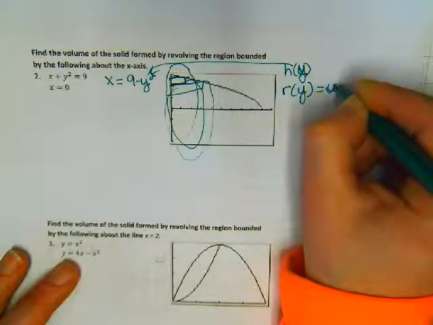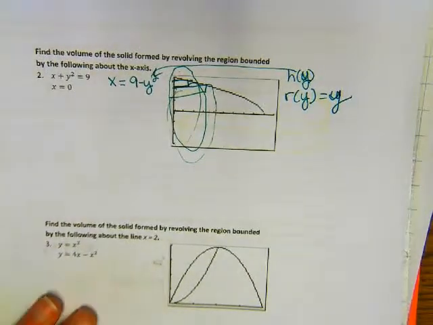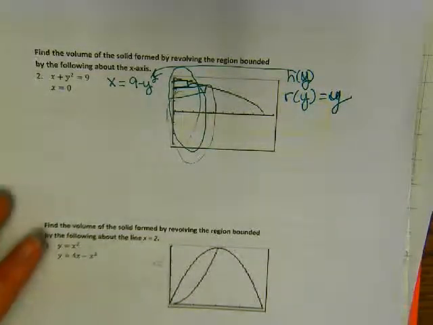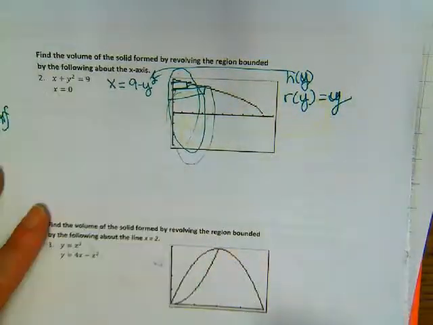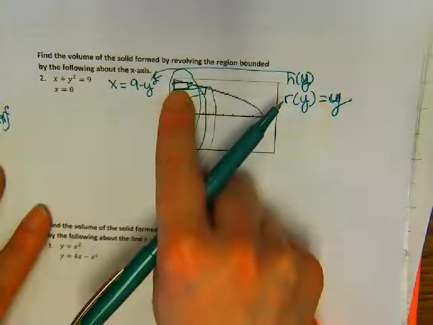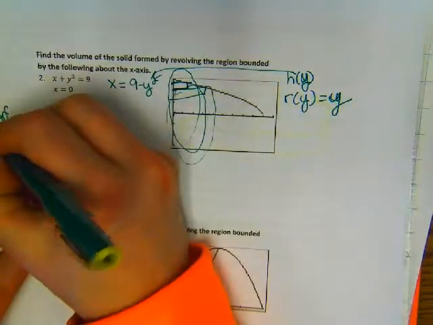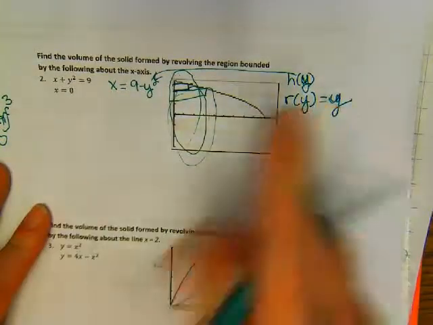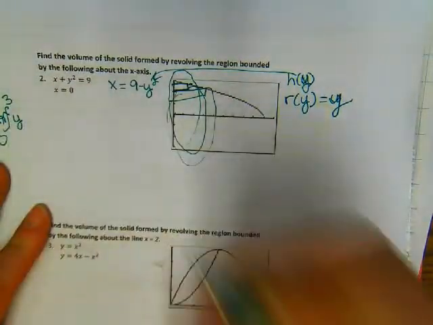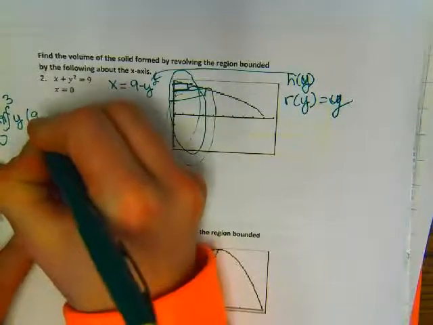Alright, here we go. So the formula is 2 pi, integral from 0 up to 3, r of y, which is y, times 9 minus y squared dy.